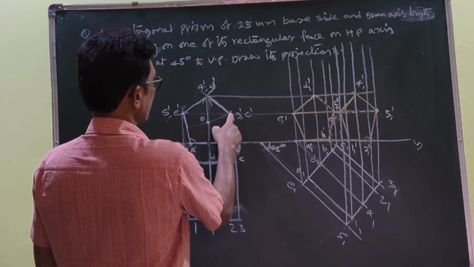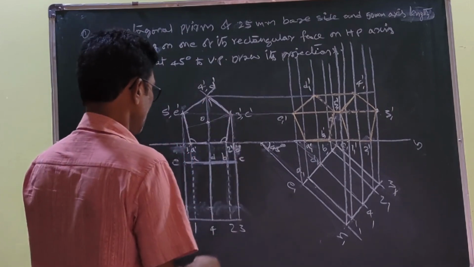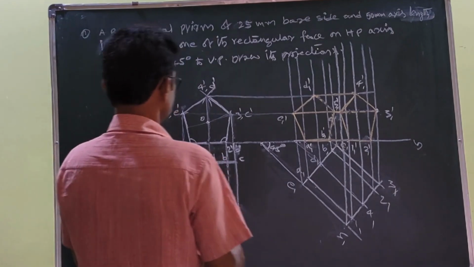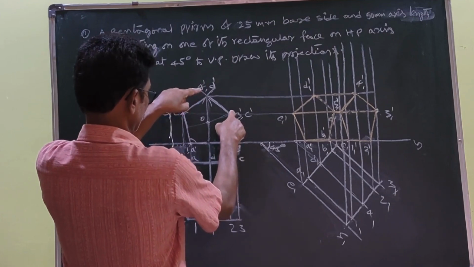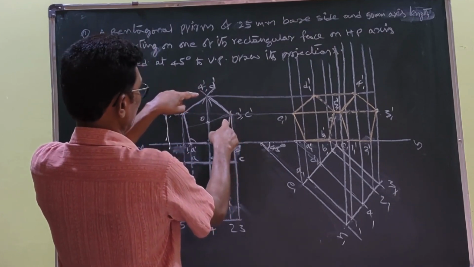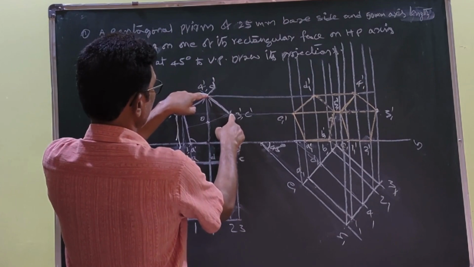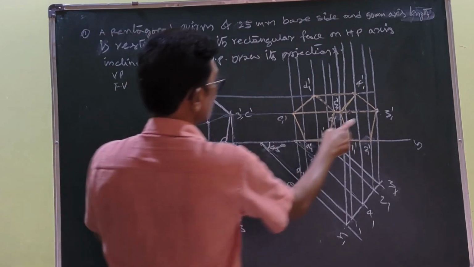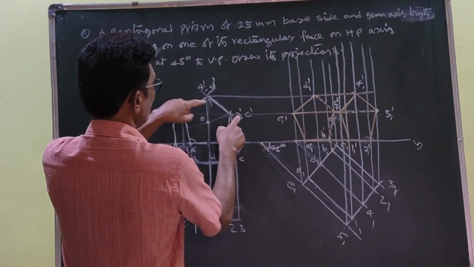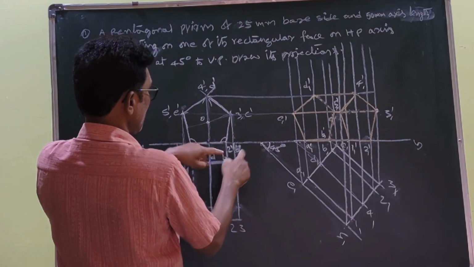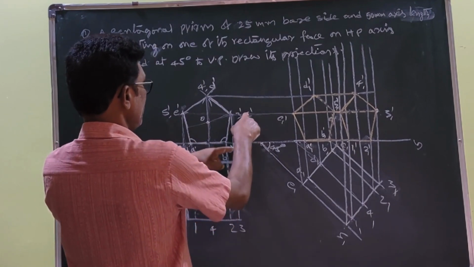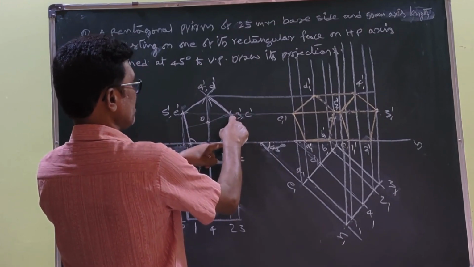This is not visible. Okay. 3 4 is not visible. Sorry, 3 4 is visible. CD is not visible. And CB is not visible.